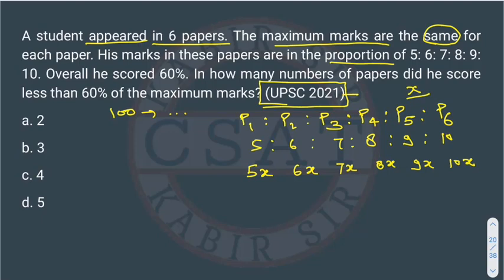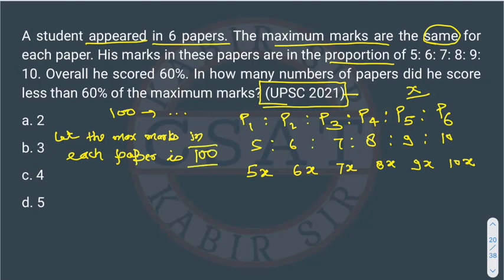So in total there are 6 papers. As I already told you, when we are solving questions in percentage, what do we assume? Let the maximum marks in each paper be 100.